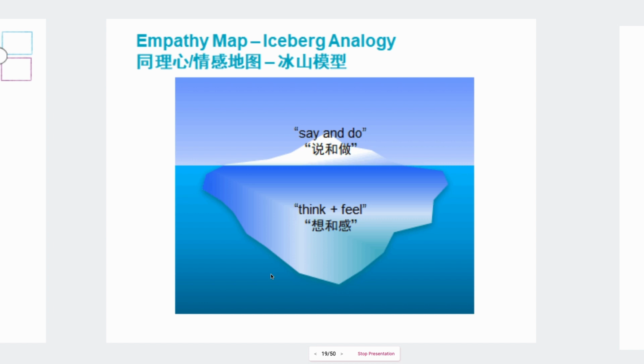Actually, when we communicate, body language is very important to understand what the user thinks and feels. So under the surface, we can see the very big part is what our user thinks and feels. When the user shares a story, shares their pain point with you, you need to try to get what the user is thinking right now. Yeah, what does the user feel about it?